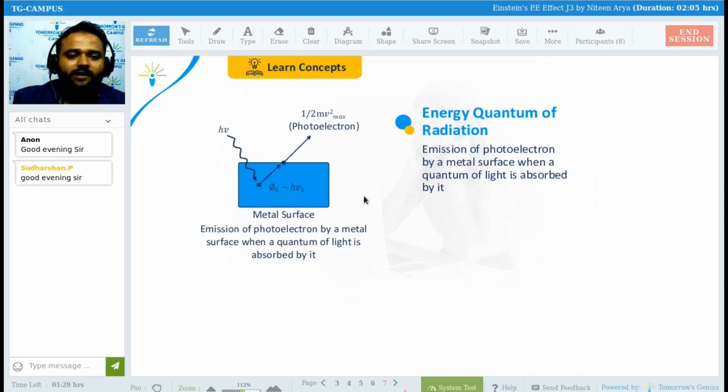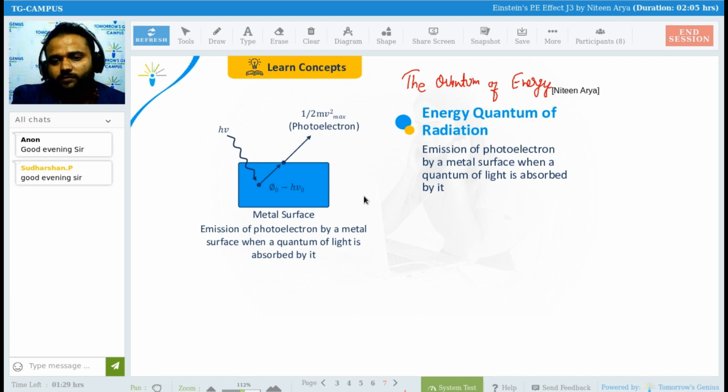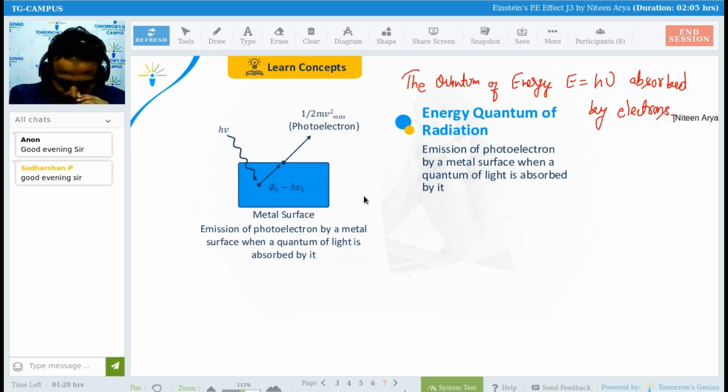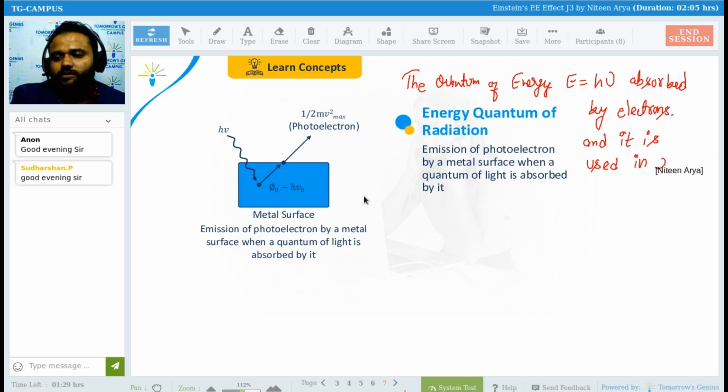So you can rewrite it: the quantum of energy E equals h nu, absorbed by electrons, is used in two ways.